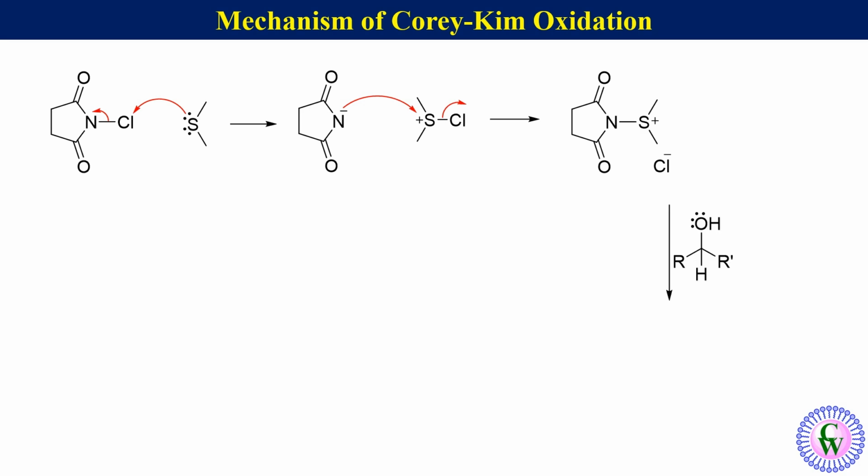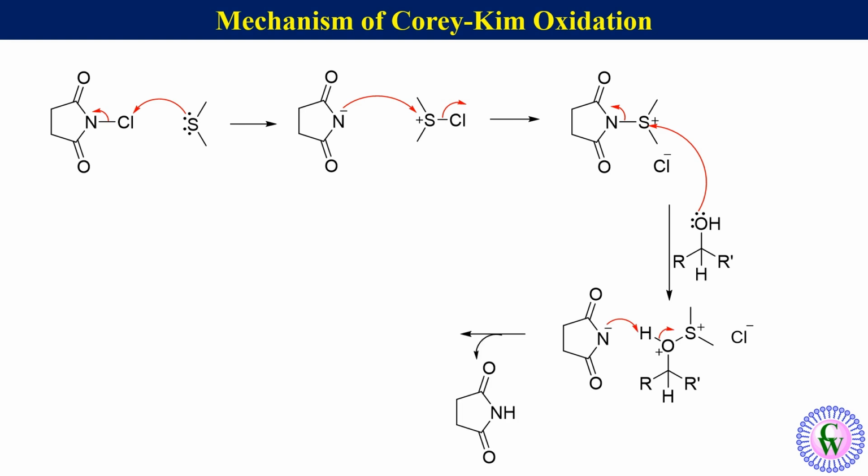Alcohol then attacks on sulfur of N-dimethyl sulfonium succinimide to produce dimethyl sulfonio alkyl oxonium chloride and succinimide anion. Proton abstraction by succinimide anion removes succinimide to produce alkoxy dimethyl sulfonium chloride.